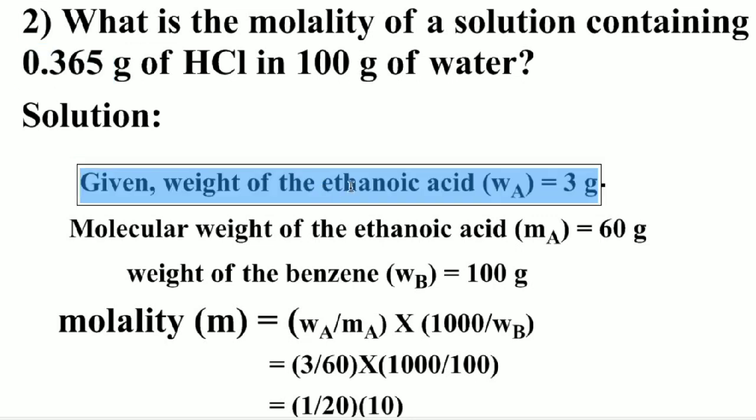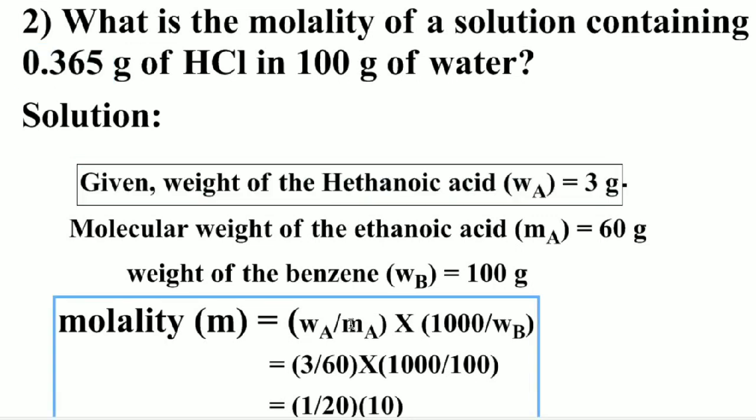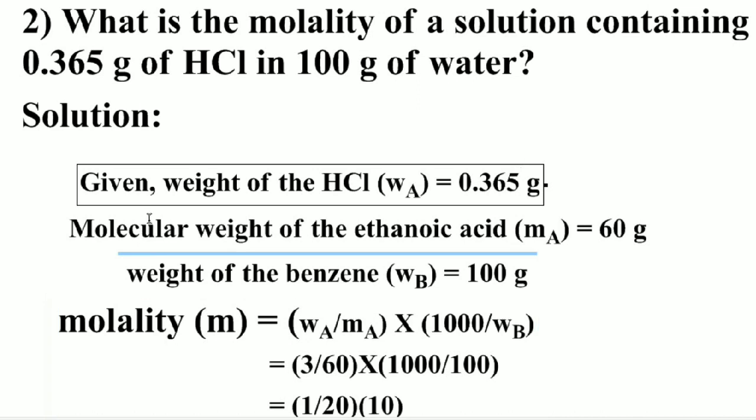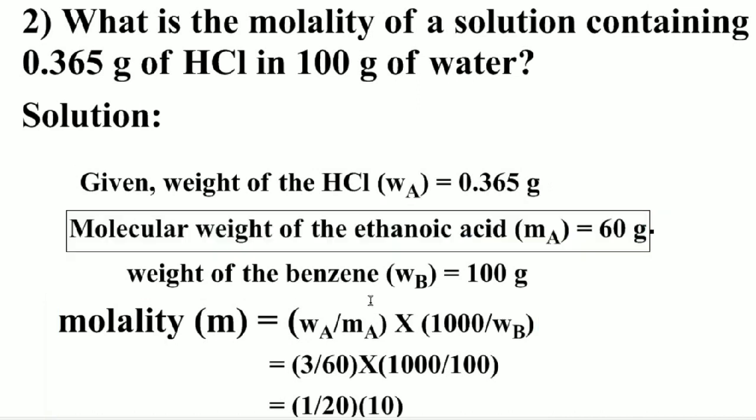You can write the given weight of the HCl, WA, is equal to 0.365 grams, and the molecular weight of HCl, we know, students, is 36.5 grams. 36.5 grams is the molecular mass of the HCl.